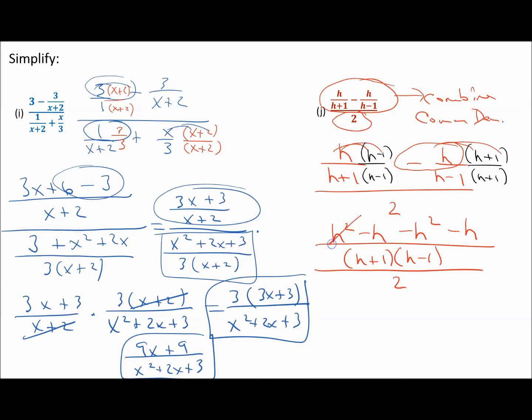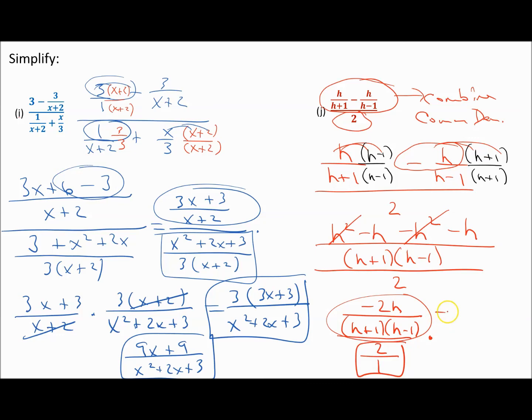Now h squared cancels with h squared. But negative h minus h is negative 2h over h plus 1 times h minus 1. That's divided by 2. Y'all, that 2 is really over 1, so I can keep, change, flip.